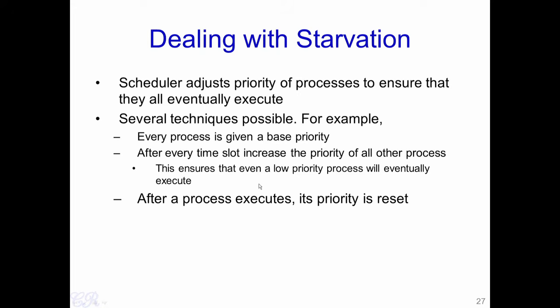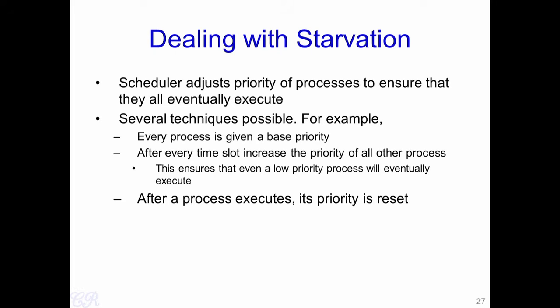So, what you would see is that over a period of time, all processes in the priority queue would gradually have their priority increased. Now, even a low priority process would have its priority increased up to the point that its priority is high enough so that it is scheduled on the CPU.